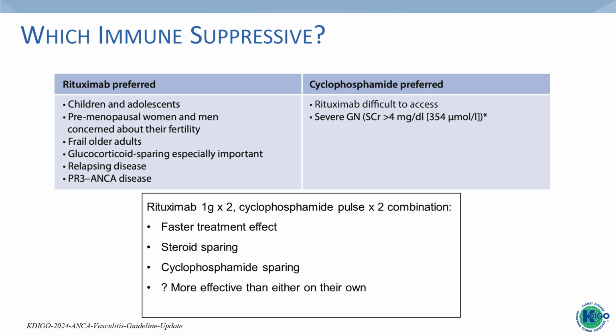Cyclophosphamide is an effective treatment, and it should be available where rituximab is difficult to access. And many nephrologists still prefer to use cyclophosphamide in patients with more advanced kidney disease, where we do not have robust clinical trial data supporting rituximab without cyclophosphamide.